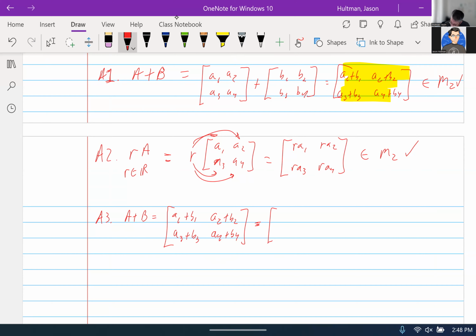So this is B1 plus A1, B2 plus A2, B3 plus A3, and B4 plus A4. And then that is the same as matrix B plus matrix A. And so that checks. Was 3 a closure property? No, we don't really need the element of M2 there. We just need to know that it's the same.